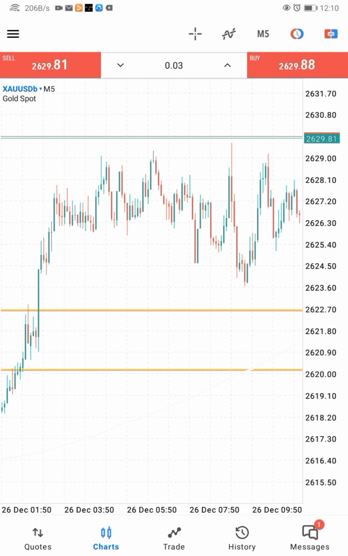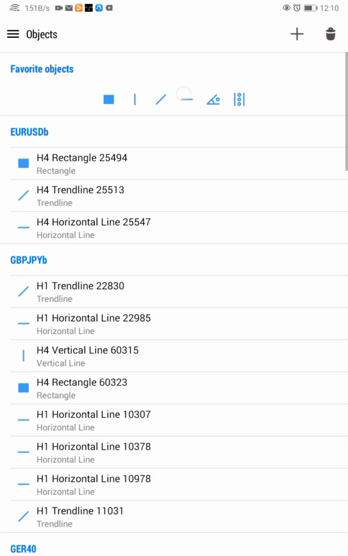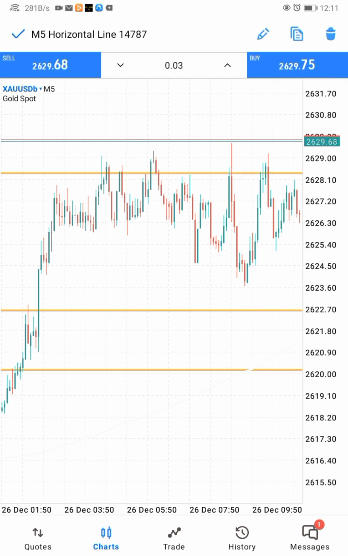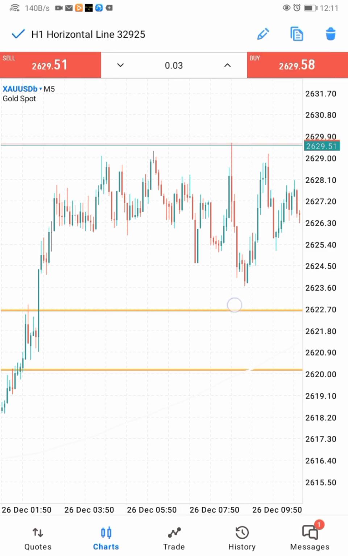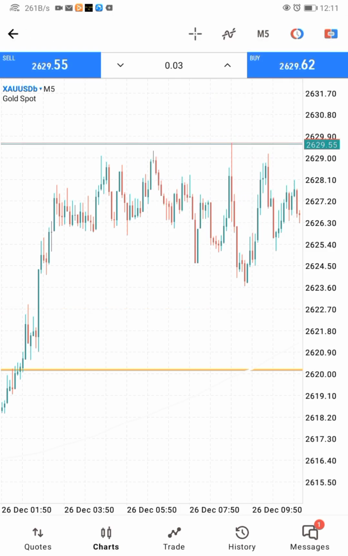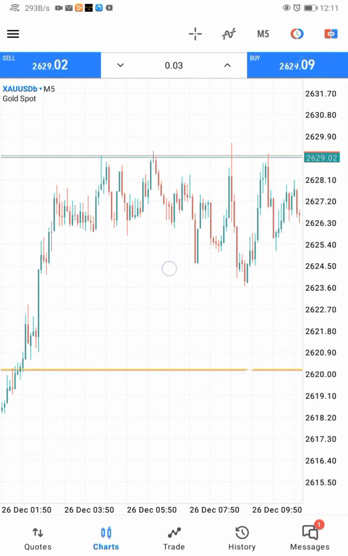On my London session, I was able to spot a break of structure. Sorry, let me delete that. So on my London session, I was able to spot this break, because if you check, London session starts from 8.